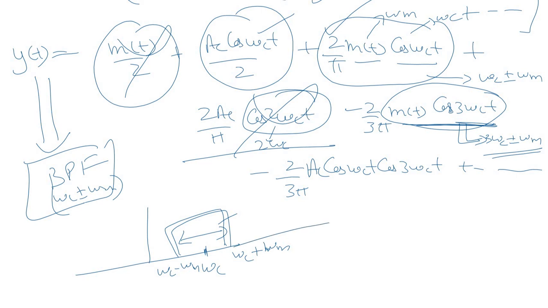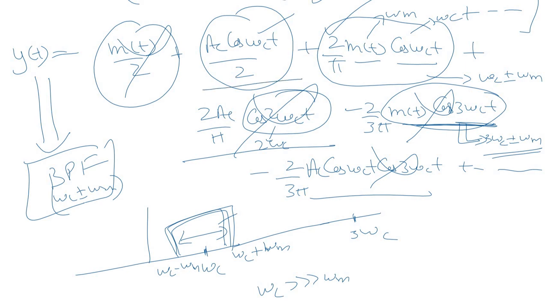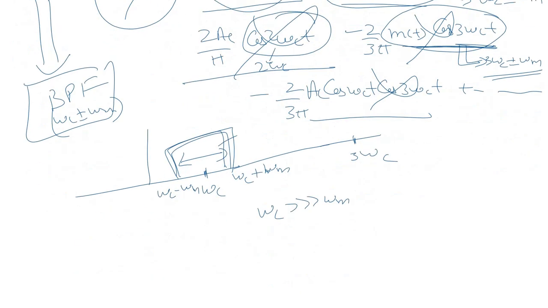Definitely not, because we know that ωc is a much higher frequency as compared to ωm. So thrice ωc would lie somewhere far away, and that won't pass through this pass band of the band pass filter. So this term would also get eliminated. Similarly, the next term will also get eliminated, and the other higher order terms will also be eliminated. We are left with only the first two terms, right?